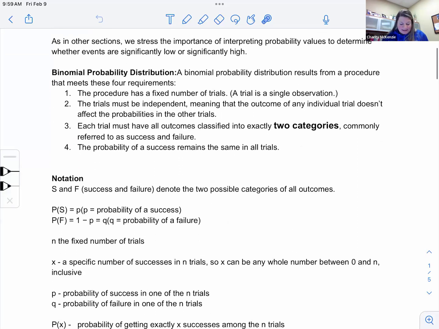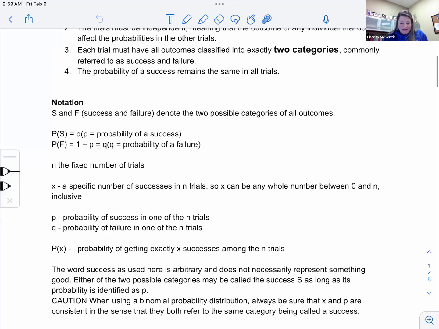So let's look at the notation. S and F, just success, failure. The probability of success we typically call P, the probability in favor of something. It doesn't necessarily mean it was successful, right?